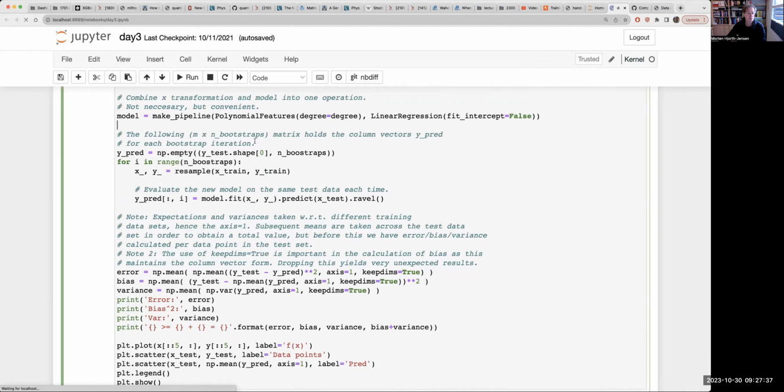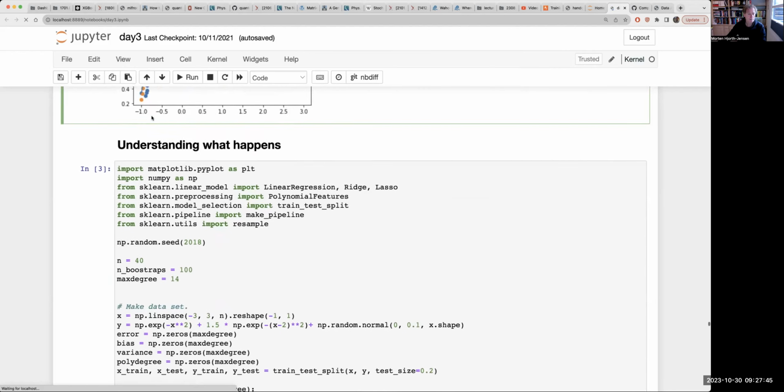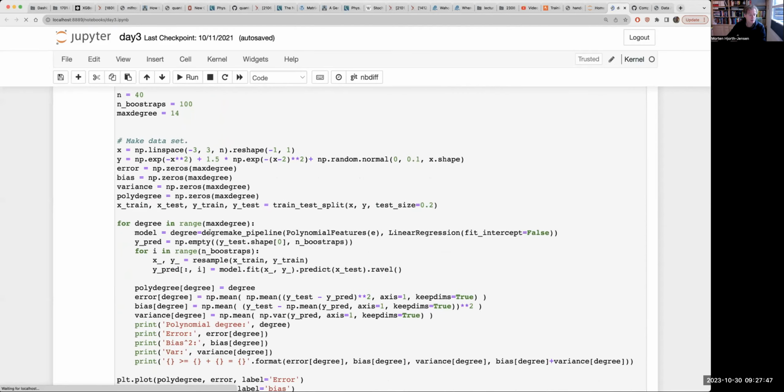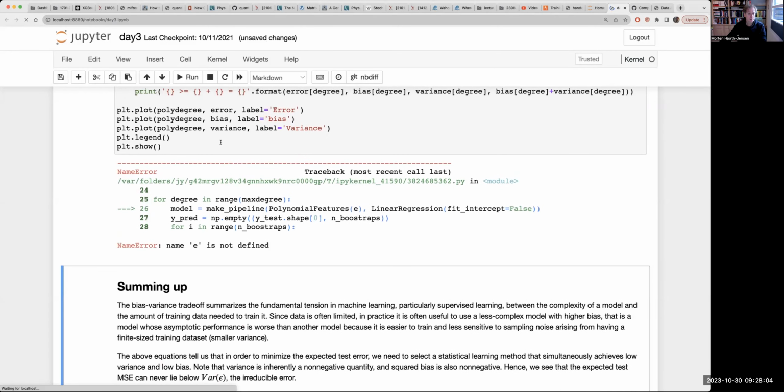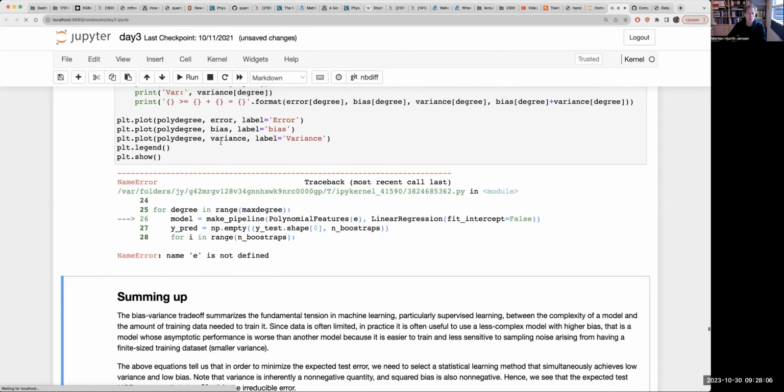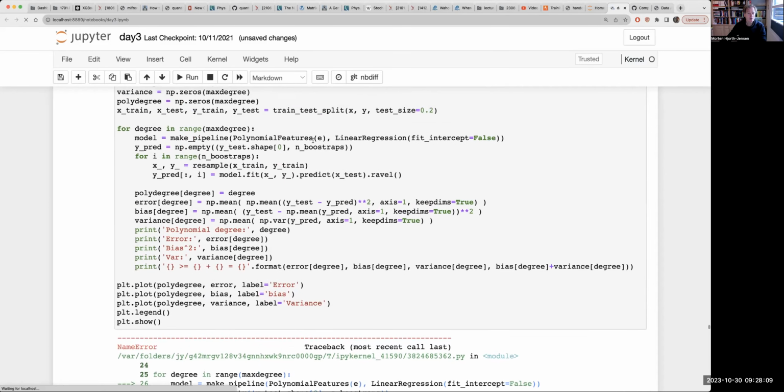I think there's something which has sneaked in here. I think there is an error here which just came in. Okay. Yeah, somehow I see what happened here. Sorry for this.